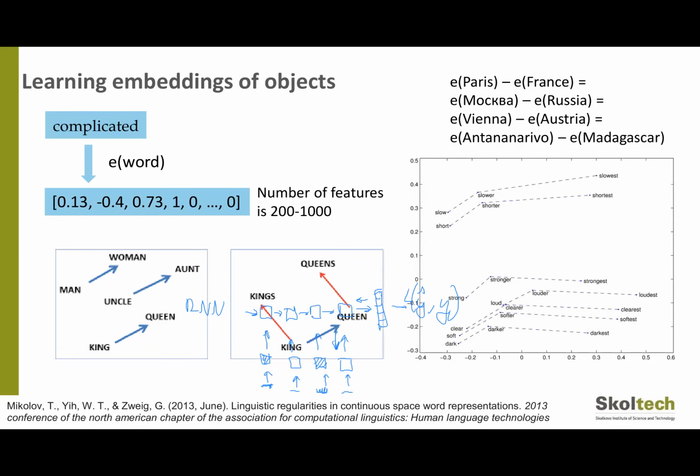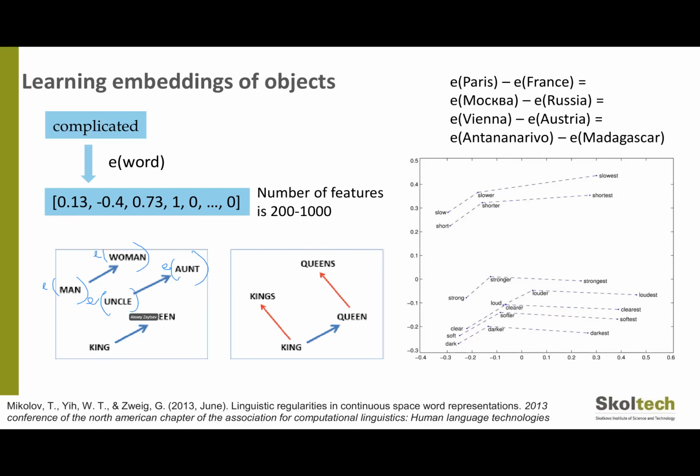We can try to look at these embeddings and spot some interesting things. I think almost all of you have heard about something like this. For example, we can try to observe some relation between words. For example, the difference between the embedding of a woman and the embedding of a man is kind of similar to the difference between the embedding of an aunt and of an uncle.